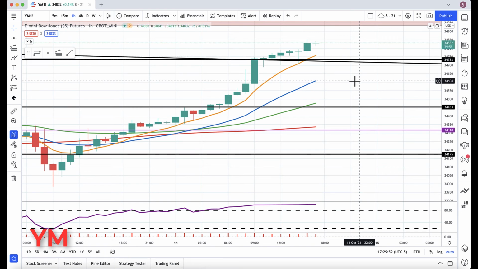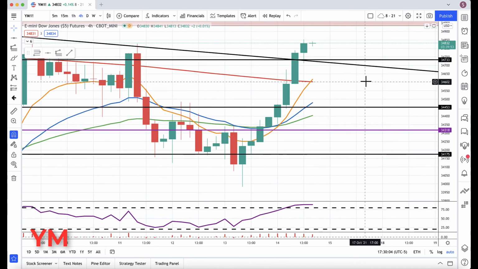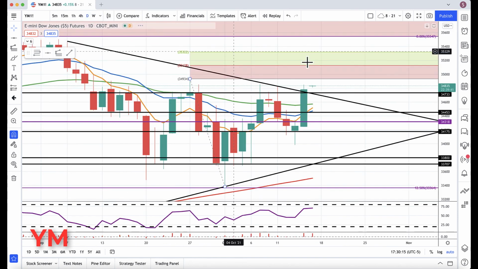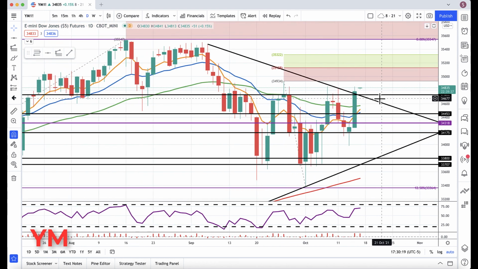Below that, 34,600. Let's check that on the 4 hour though. Yeah, 34,600 is your major support level on a pullback. Then below that, we got 34,450 to 34,480. That's really about it. We don't even have to update those levels on the mini Dow yet.